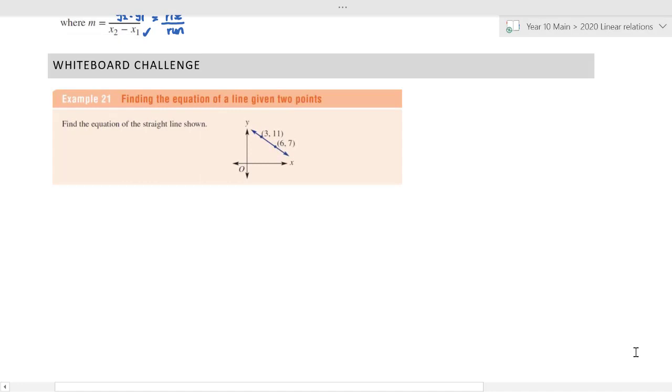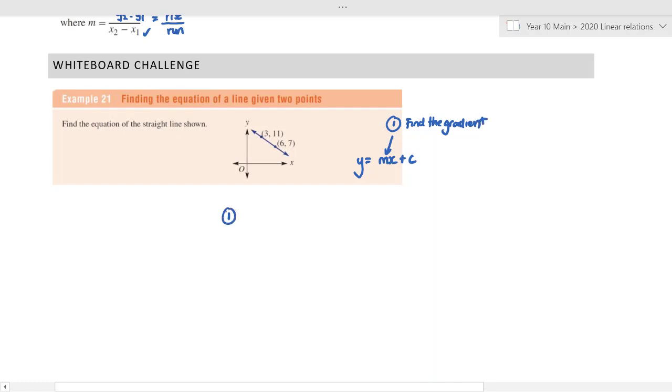Okay, so let's talk about it. Once again, I think it's really helpful to write out what we're trying to find. We are trying to find this. Okay, number one, let's find the gradient. Let's do step one.